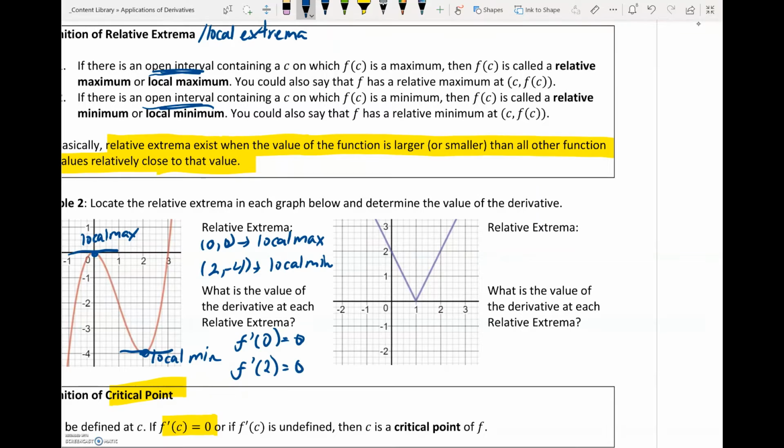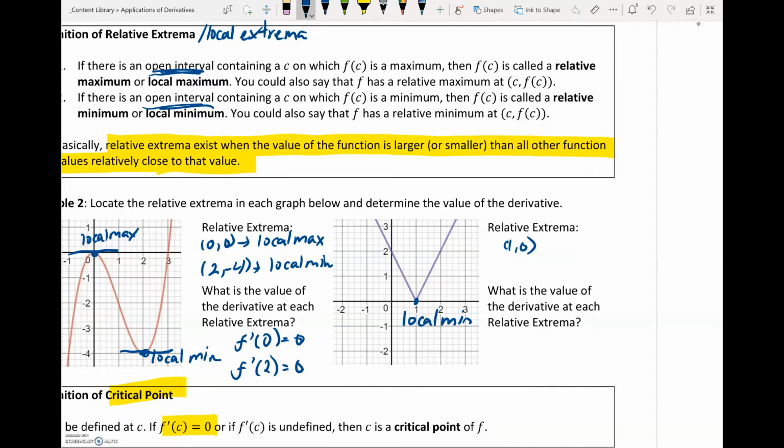Looking at the next graph, it doesn't look like we have a max at all. It looks like our graph is just going to continue on. And remember, this is an open interval. We are not including the endpoints here in this interval. So if it's an open interval, all we really see is a relative min, or a local min.